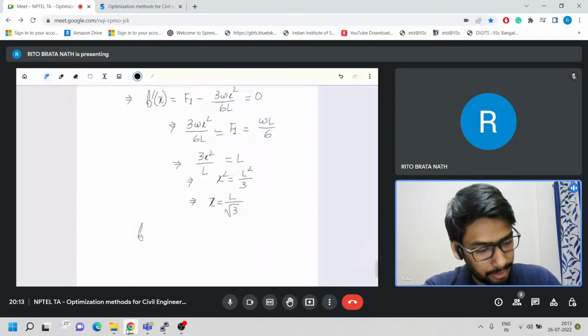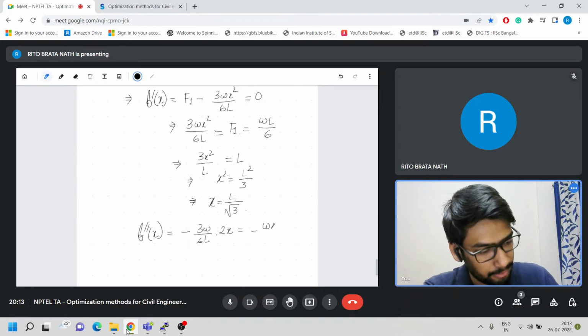So now if you take F double prime x, then F1 does not contain anything with respect to x, so that's 0. Then it's minus 3W by 6L times 2x. So 6 and 6 will be cancelled out.